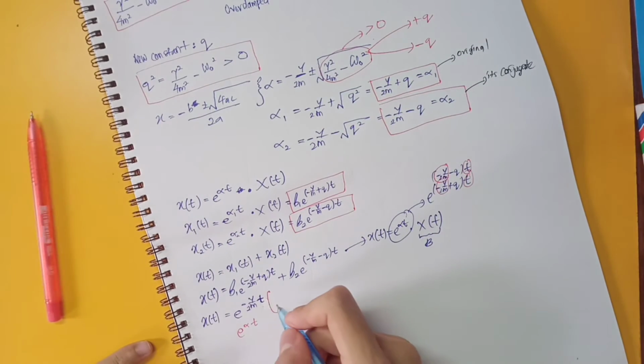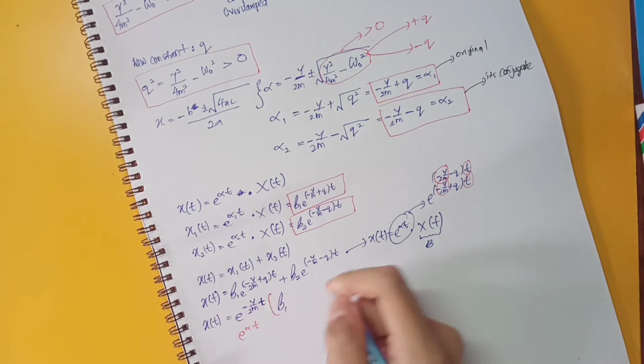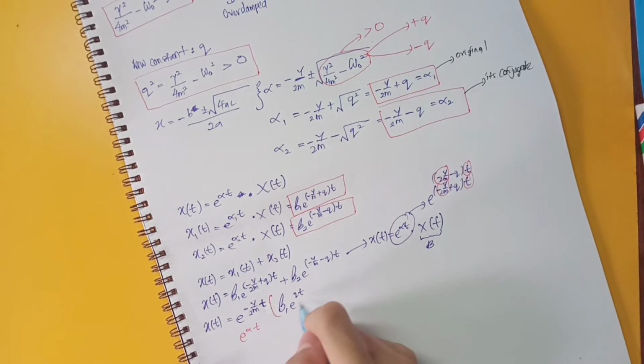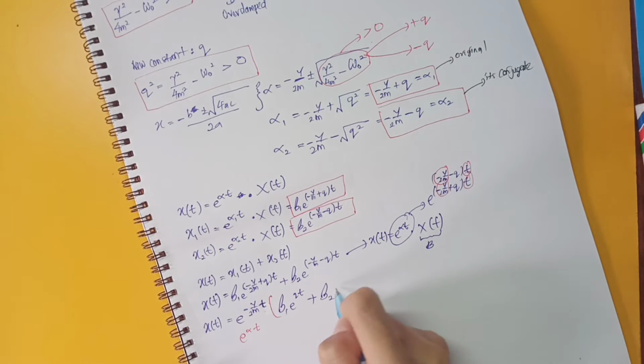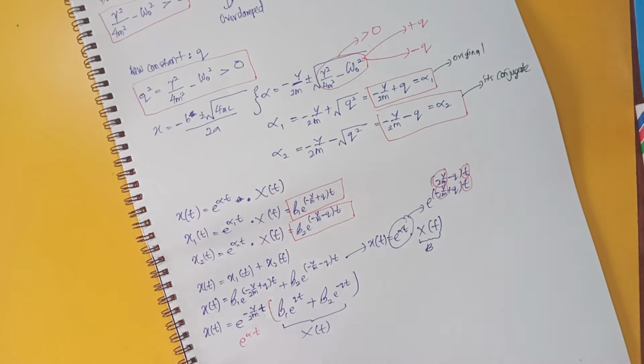And then times with the beta 1, and then exponential power of qt, plus beta 2 exponential power of negative qt. This is where the capital X is here.